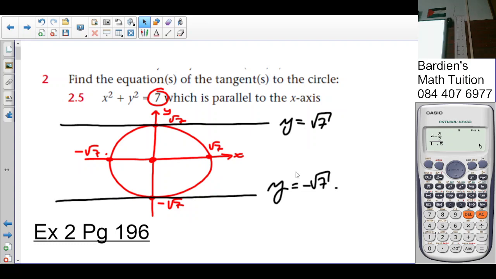Look at the next question. What's the answer, sir? y is equal to root 7 and y is equal to negative root 7.